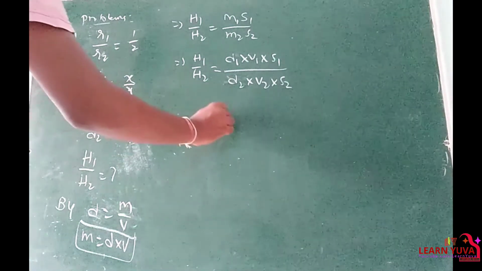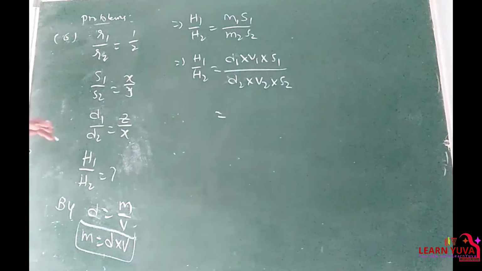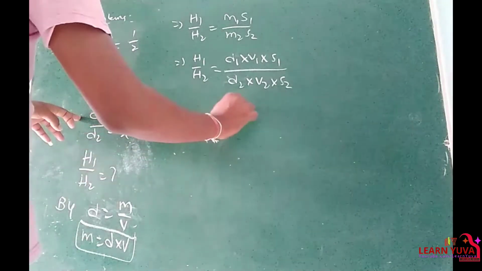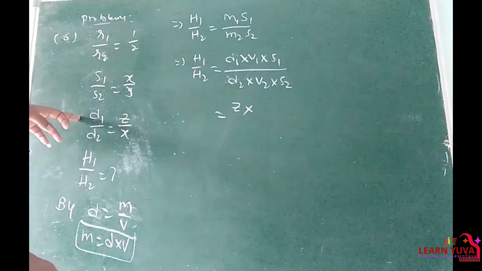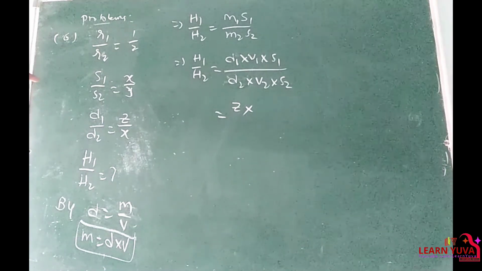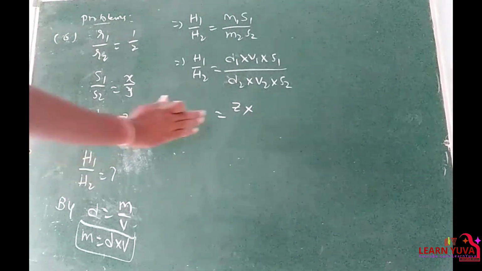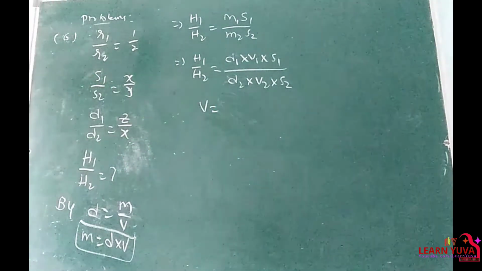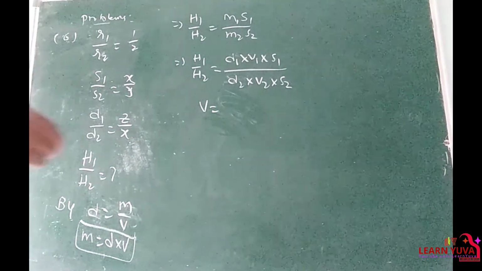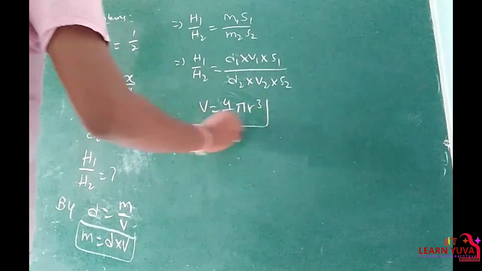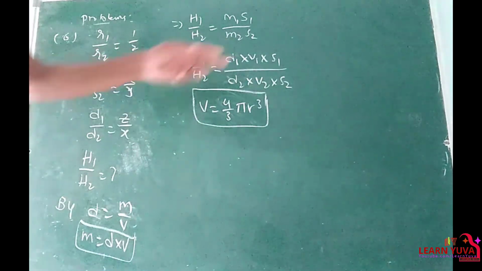Right? So that is similar to the previous problem. D1 and V1 we have to find out. Right? Radii are given. So volume of a sphere is 4 by 3 pi r cube. We have to apply this instead of volume.